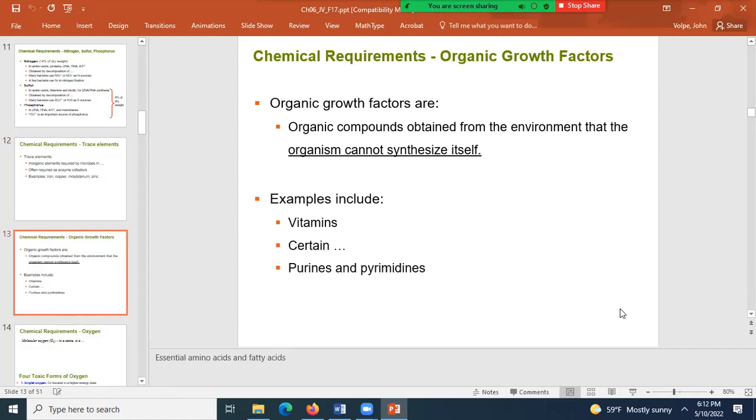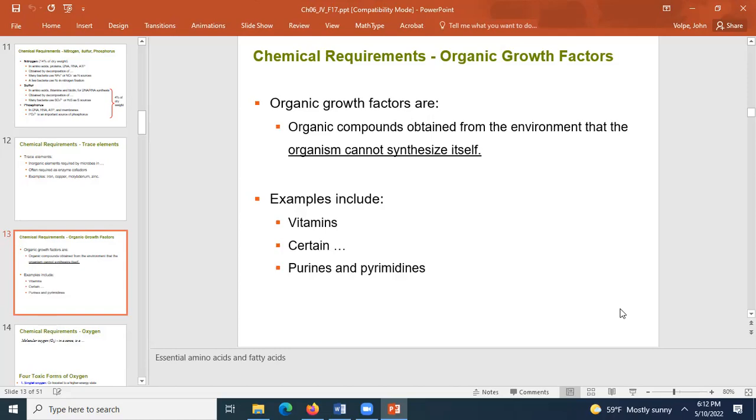So some examples of organic growth factors include vitamins, like vitamin C. That's an organic growth factor. Certain amino acids are organic growth factors, like the amino acid lysine is an organic growth factor for us.